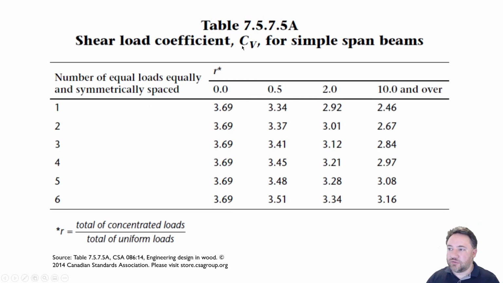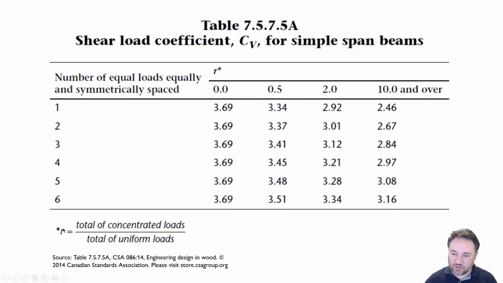So we have shear load coefficient CV for simple span beams, which is what we have, simply supported beam. Okay, number of equal loads, symmetrically spaced. So we have 0, and that's going to come into play in R, so just hold tight for a second. We need to know what is the total of concentrated loads divided by the total of uniform loads. So we don't have any concentrated loads, and all we have is uniform loads.